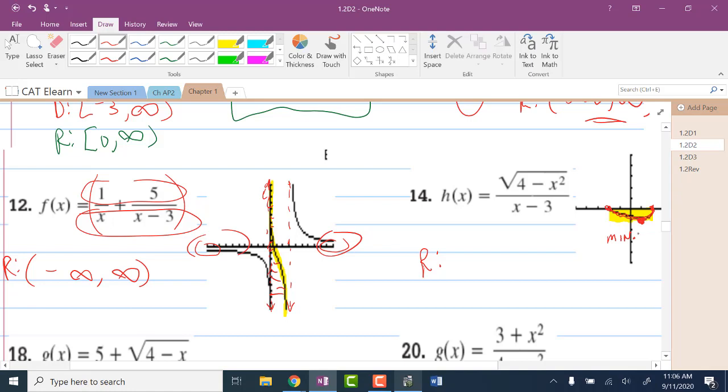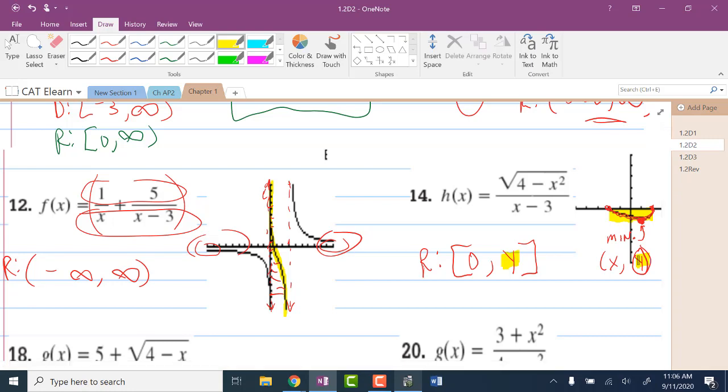So what you could do is go to the calculator and find the minimum, left bound, right bound. You get an x comma y, and it is the y that you want. What is that low y value? Therefore, that is the range. So you just have to do one little thing that I already showed you, how to find a minimum on a graph that you already see through left bound, right bound.